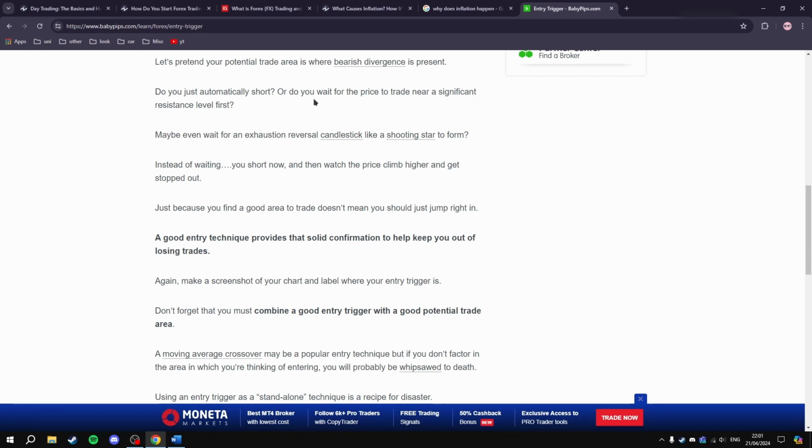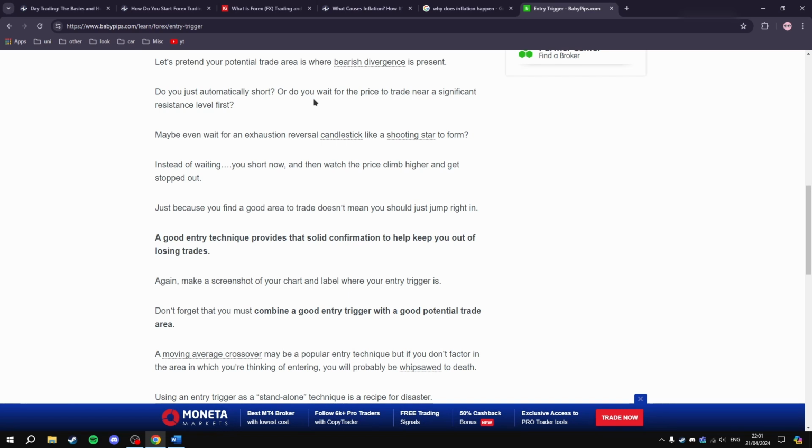So I've automatically shorted this time, but during the trade the price kept soaring until I got stopped out. So after I've completed the trade, I should have waited for a confirmation that the price was actually going to go down, and then entered the trade instead of just automatically going straight in without waiting for a confirmation.